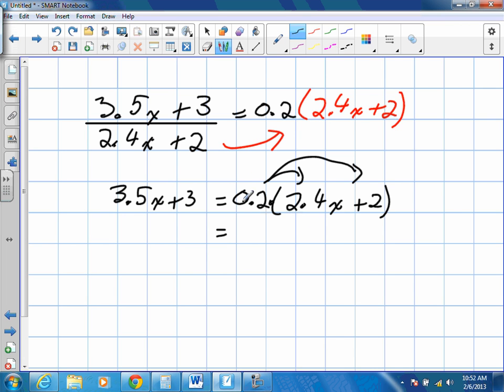So 0.2 times 2.4 is going to give us, what is that? 0.2 times 2, 0.4. Now we're going to do the exact same stuff we did in the other equation. I'm going to try to do this all in one step. We're going to move everything that is a like term with a variable on it to the left side and all constant terms to the right.